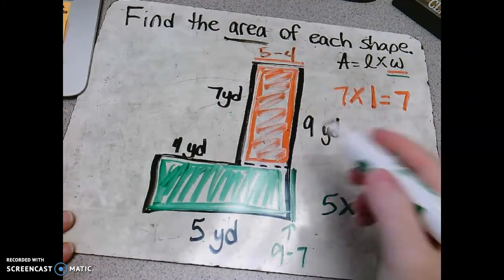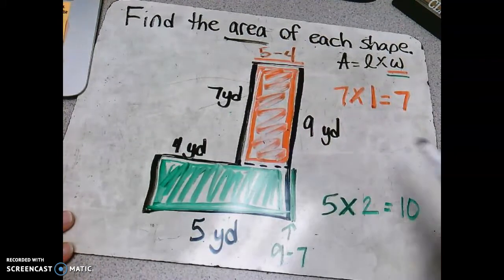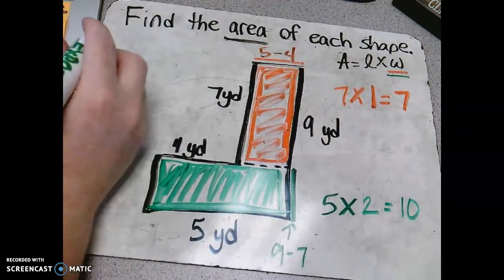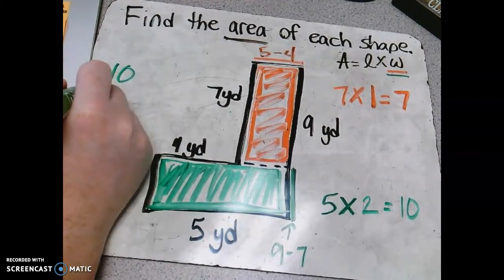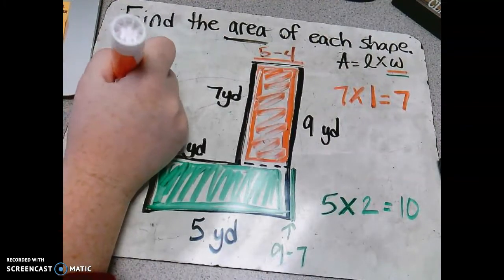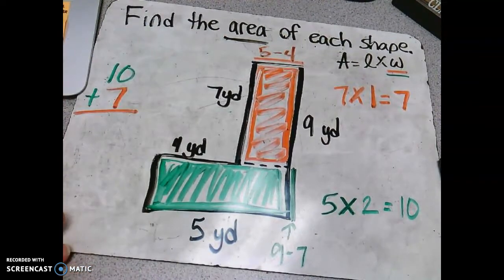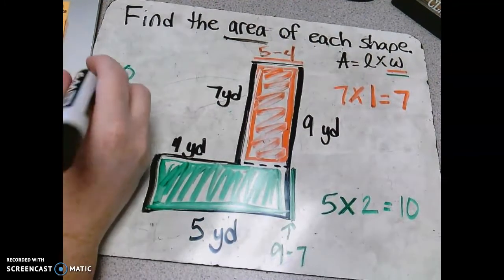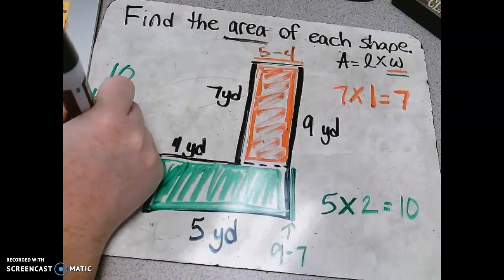Now to get the area of this full L shape, what do you think we're going to do? Yes, you are correct. We're going to add 10 plus 7. We're going to add our green shape and our orange shape together. And 10 plus 7 is 17.